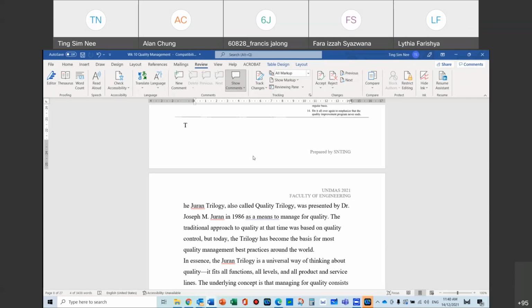Let me give an example, let's say a cleaning company. A cleaning company may have total quality management. And what do we mean by that? It means that the management will support the work that is being done by the whole company.